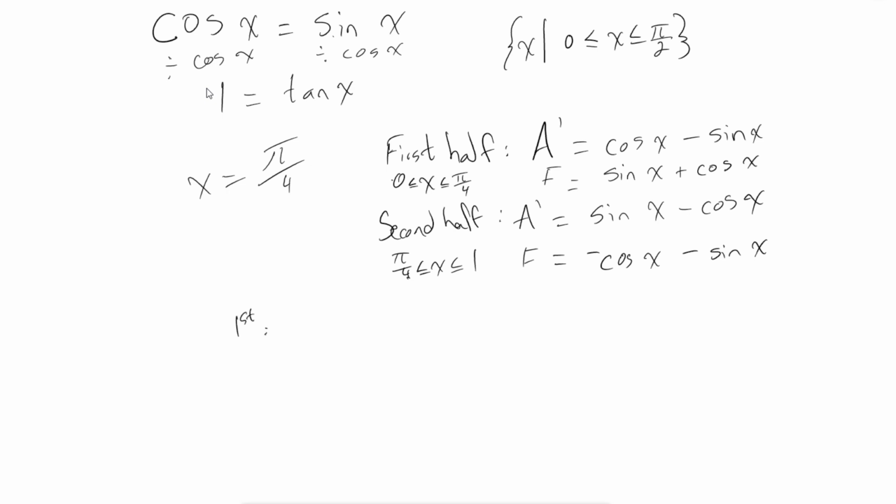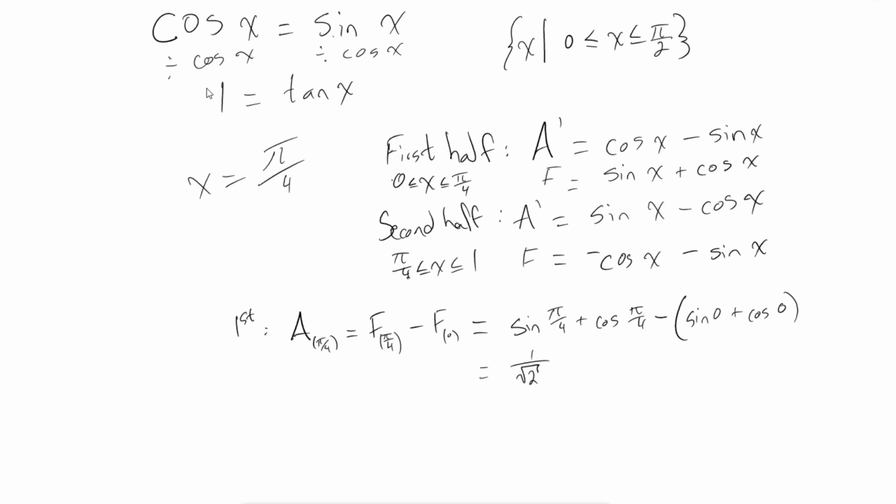So first, my first part, my area at pi over 4 is equal to the first antiderivative at pi over 4 minus the first antiderivative at 0, which gives me sine at pi over 4 plus cosine at pi over 4, minus sine of 0 plus cosine of 0, which is equal to, so sine at pi over 4 is equal to 1 over root 2 or root 2 over 2, whichever way you prefer.